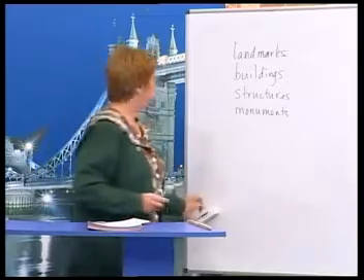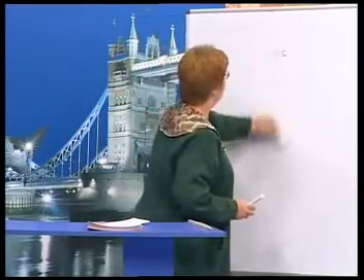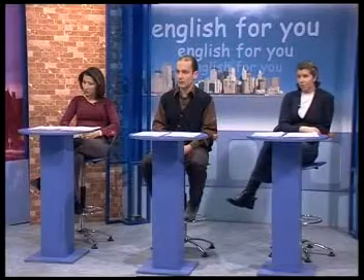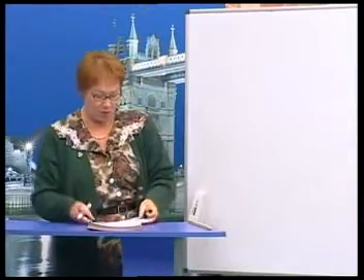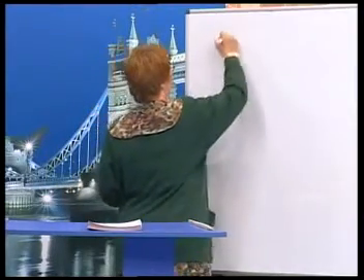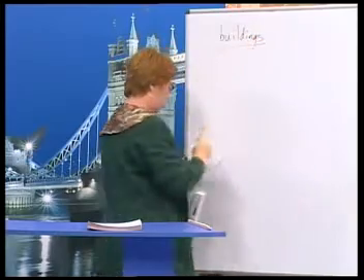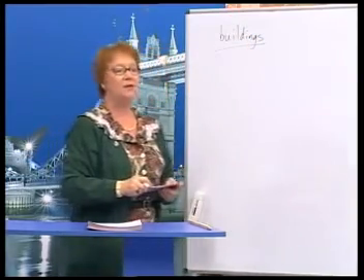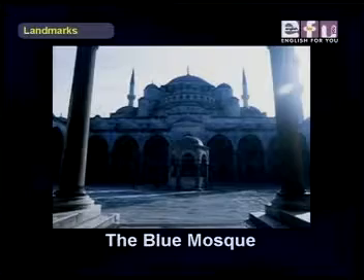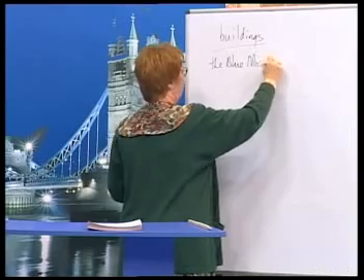Now, we're going to do these in groups, and our assistants will tell us what they know, and we're going to start with buildings. Okay, so Ali, you start. What's a building? The Blue Mosque in Istanbul. Okay, the Blue Mosque in Istanbul.